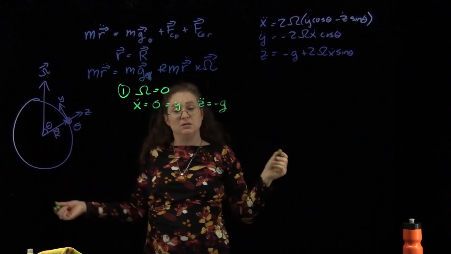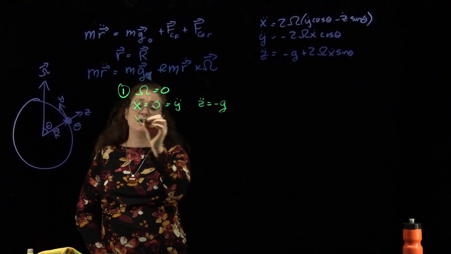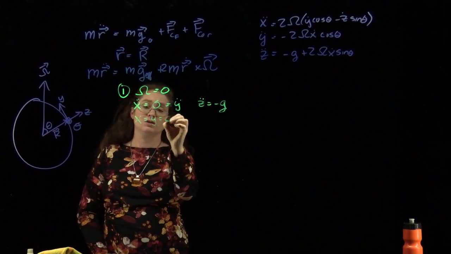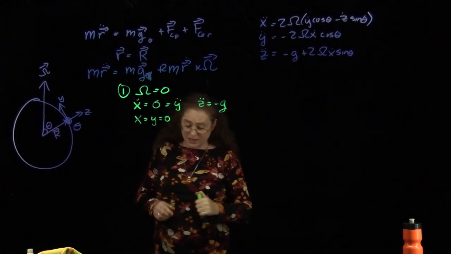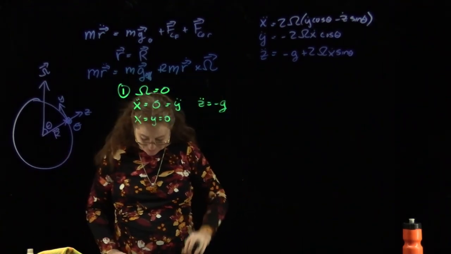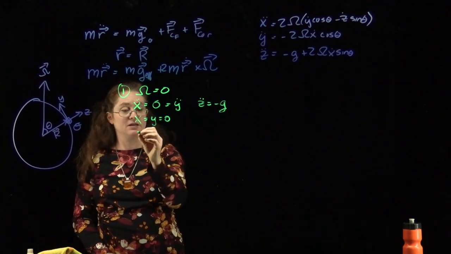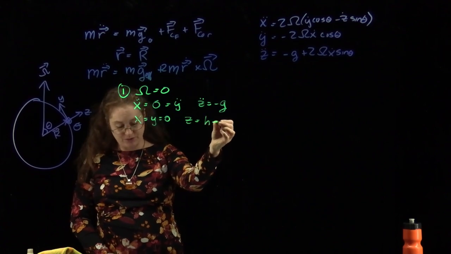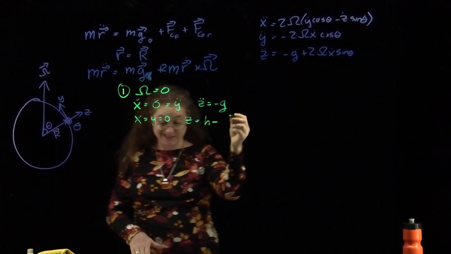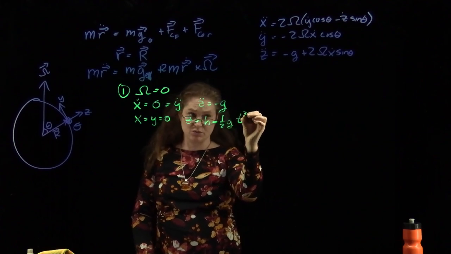By convention, we will follow the book and choose x equals y equals 0, although you could easily add an x naught and a y naught. Why not? And then you get z equals h, the initial z position, minus 1/2 g t squared.